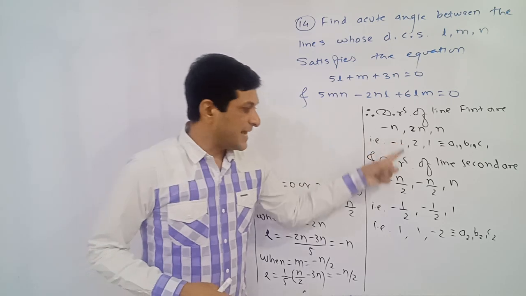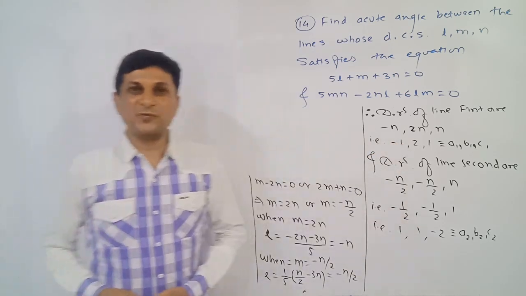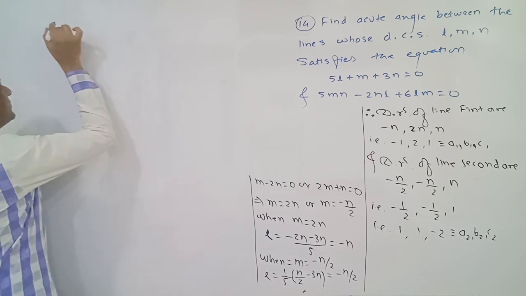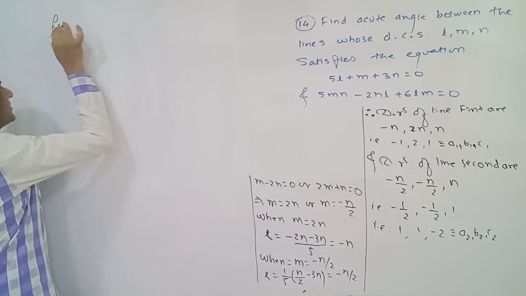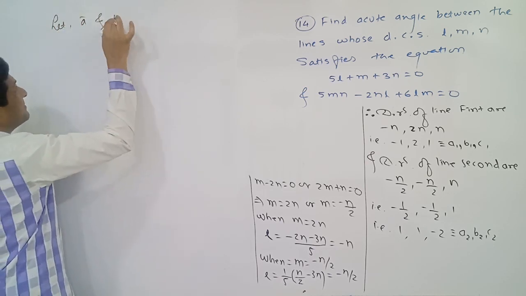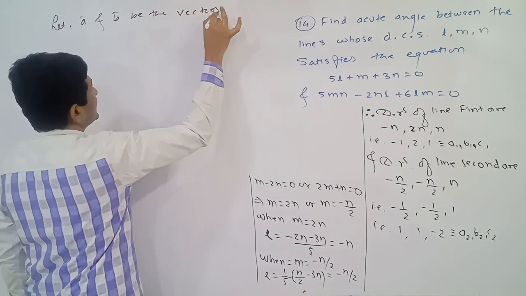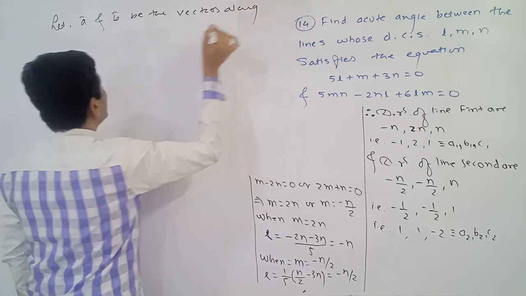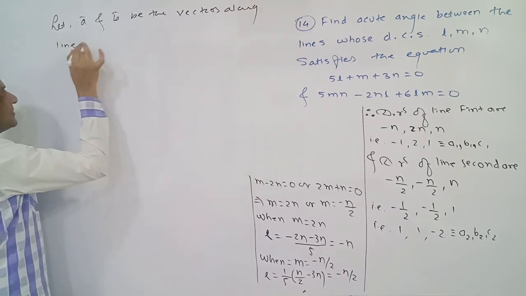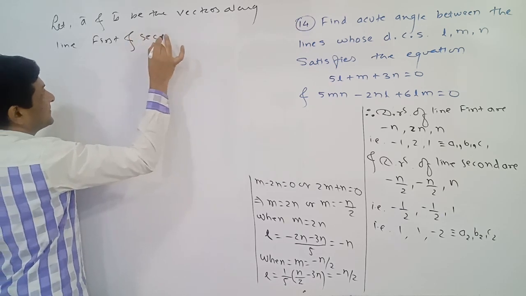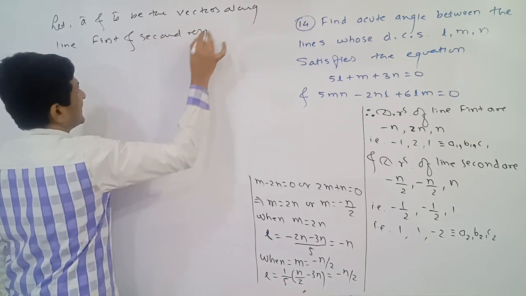Now, using these direction ratios, we are trying to find the angle between these two lines. Let us denote the vector along the first line by a bar. So let a bar and b bar be the vectors along the first line and second line respectively.